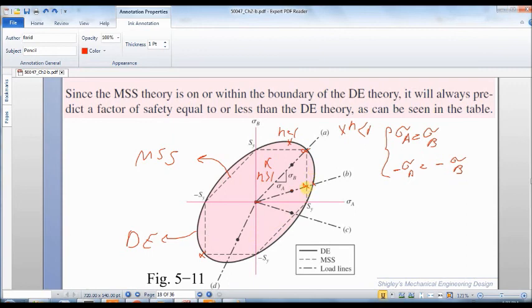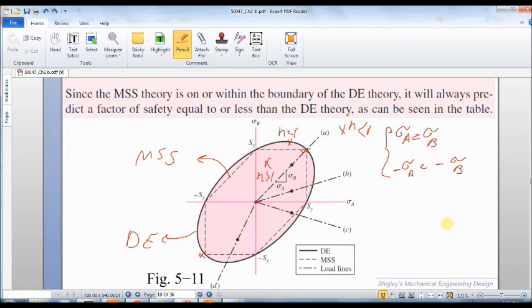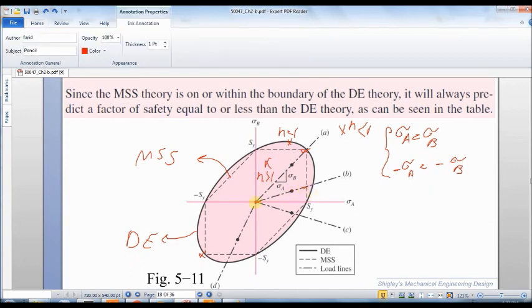What does it mean? This means that MSS predicts the failure first. Static failure. MSS will predict the static failure first at this location, and then distortion energy will predict next.